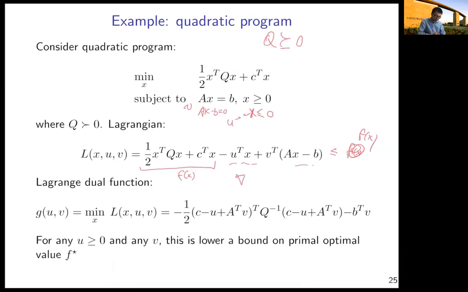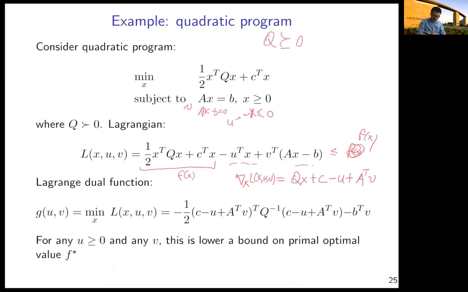So the partial gradient of the Lagrangian. By now you should be already pretty familiar with taking the gradient of a quadratic function. So we'll just write it out. Qx plus c minus u plus A transpose v. Right?